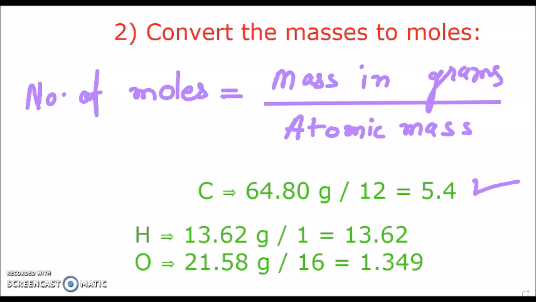In a similar way, the atomic mass of hydrogen is 1, and therefore the number of moles of hydrogen is 13.62, and the atomic mass of oxygen is 16, and therefore we get the number of moles.